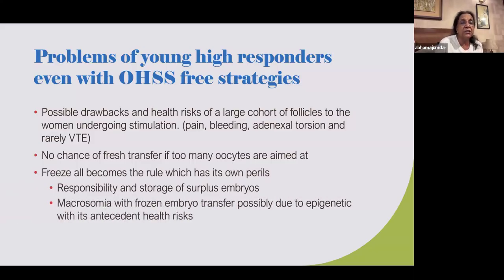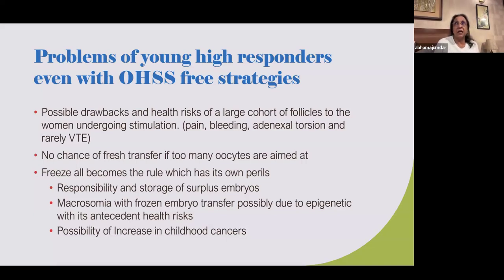Macrosomia is one reported feature of frozen embryo transfer due to epigenetics, with its antecedent health risk of later on metabolic syndrome and all the diseases associated with that. And there is a small, but there is an increase in childhood cancer possibility.